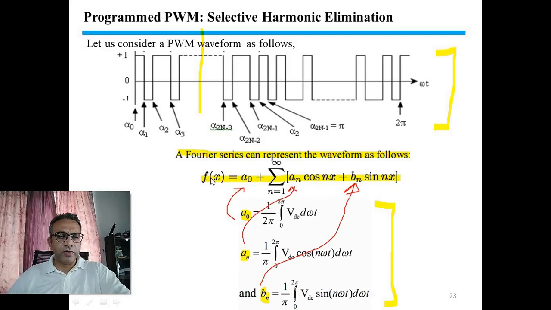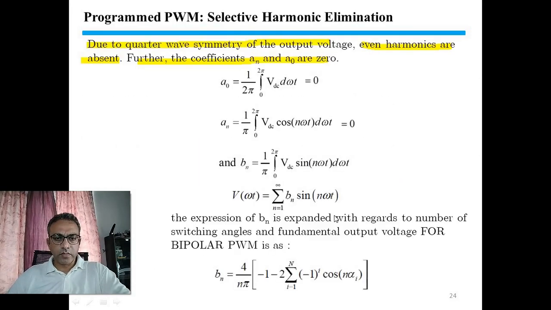So v of omega t is equal to b n sin n omega t. So we are left with voltage v of omega t equal to summation n from 1 to infinity of b n sin n omega t. Now what we have to do is find b n.